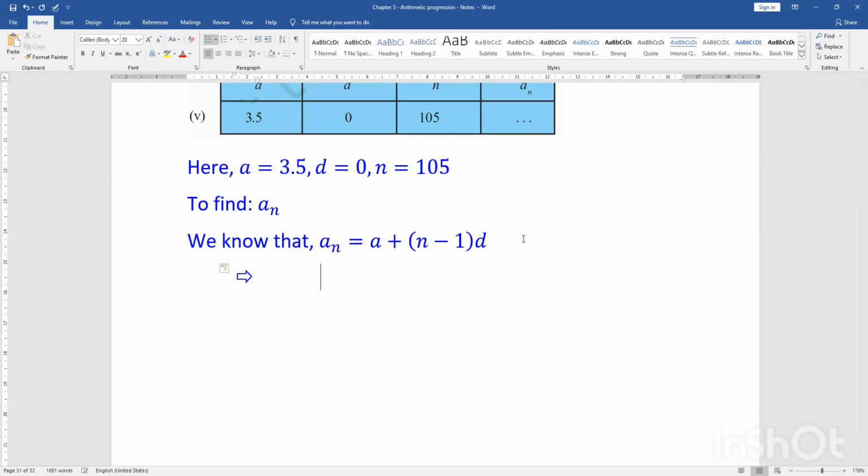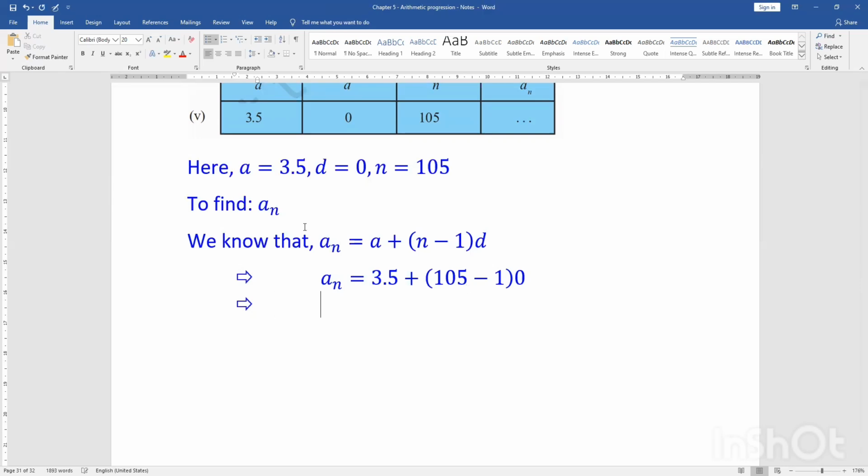Do you know the value of AN? AN I don't know, so let us write it as it is. AN equals, what's the value of A? A is 3.5, correct? Then plus, we have N as 105, minus 1, into D. D value is how much? D value is 0.